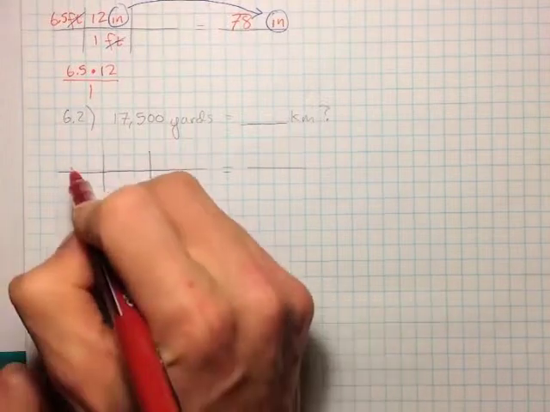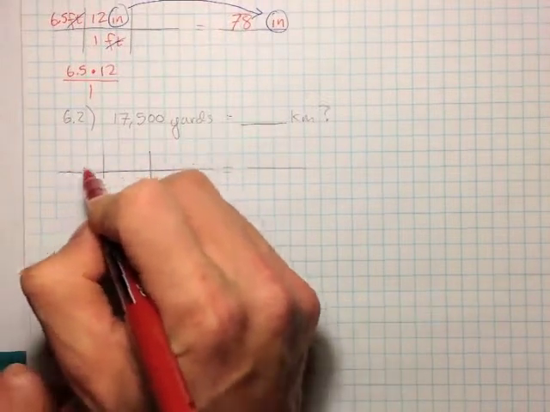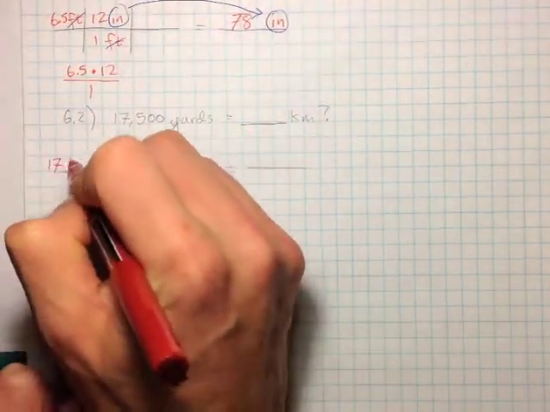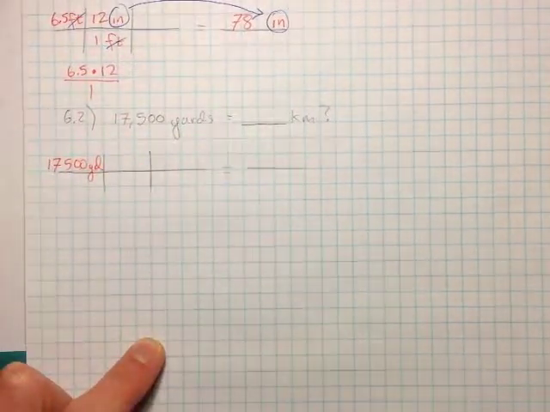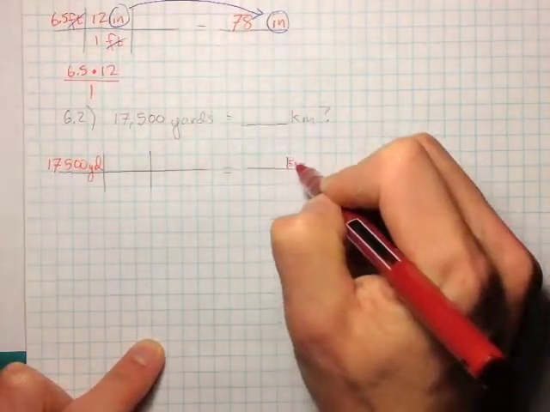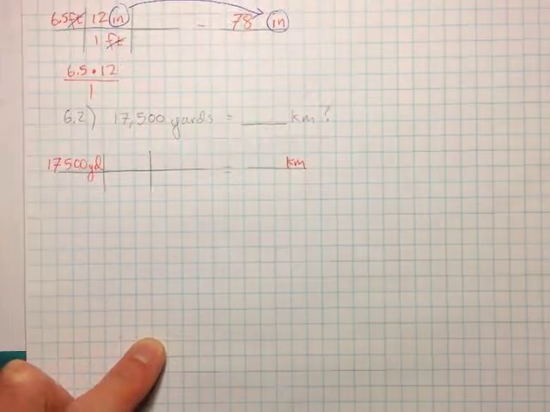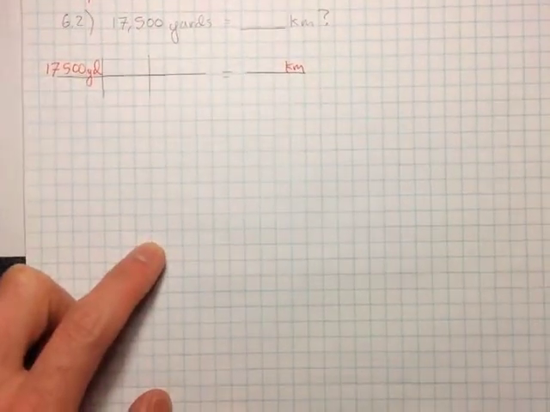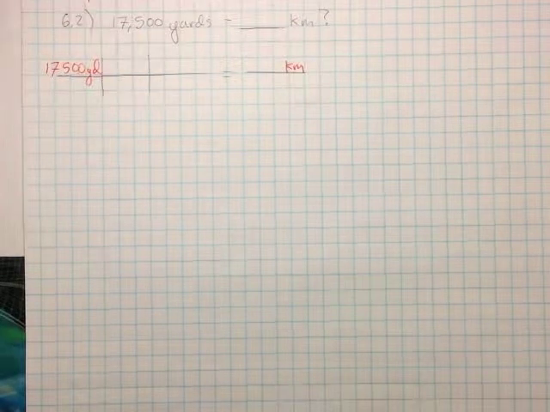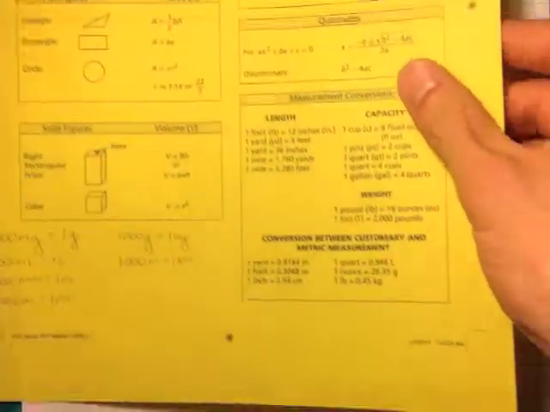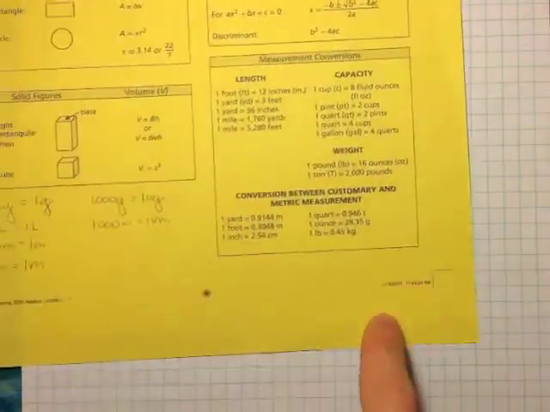Now, what number do I put up here? That is the number that we're converting from. 17,500 yards. And we are converting to kilometers. Now, again, let's ask ourselves, do we know of a conversion factor that relates yards and kilometers? Well, I don't, and neither does this yellow sheet.